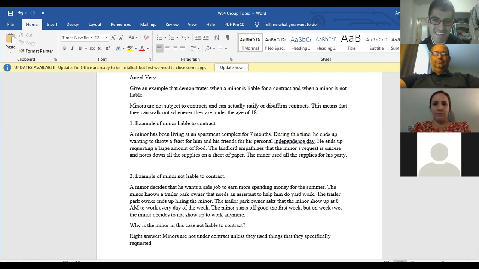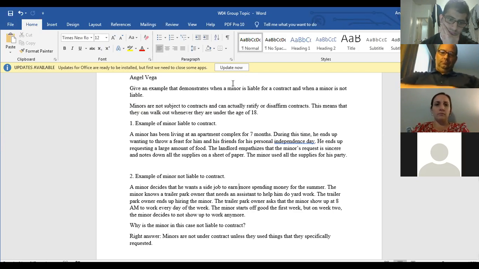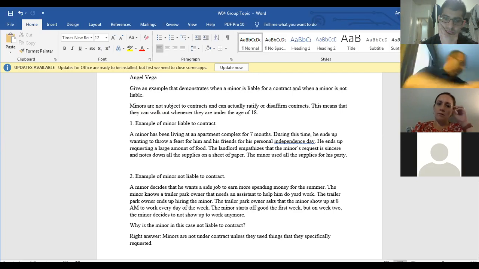I said a minor is liable for a contract when they are employed at a place of business. Like when you're an employee, you sign a contract, and the minor is liable for the contract when they're working. I had to sign a contract when I worked at a horse trail guide place.